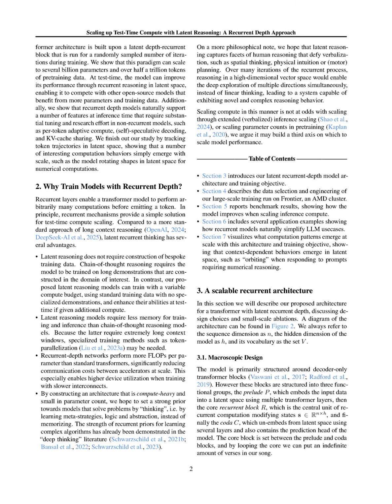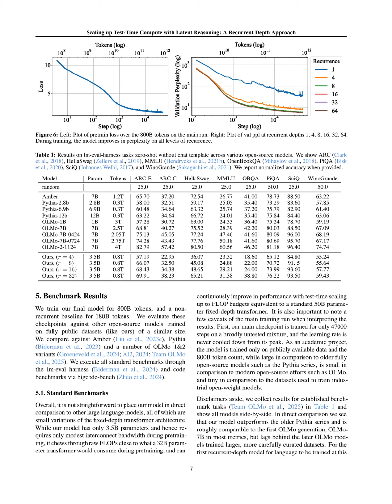In terms of computational efficiency, our model, with only 3.5B parameters, consumes raw flops comparable to a 32B parameter transformer during pre-training, while maintaining the ability to scale performance with test time compute, effectively competing with models that have much larger parameter counts.